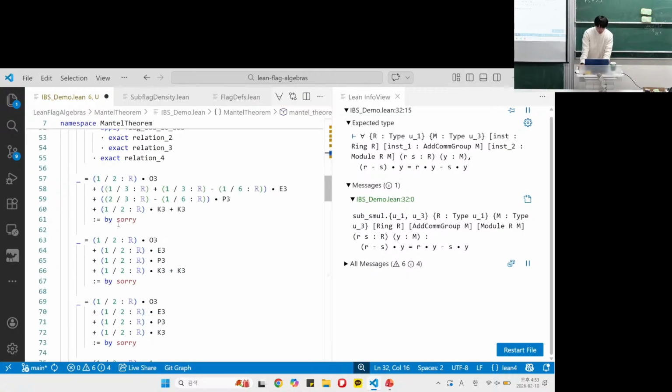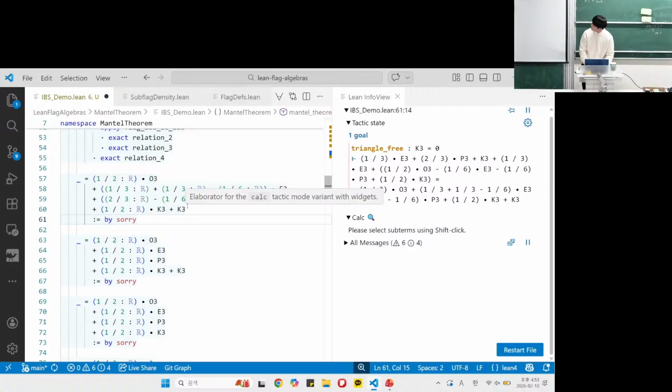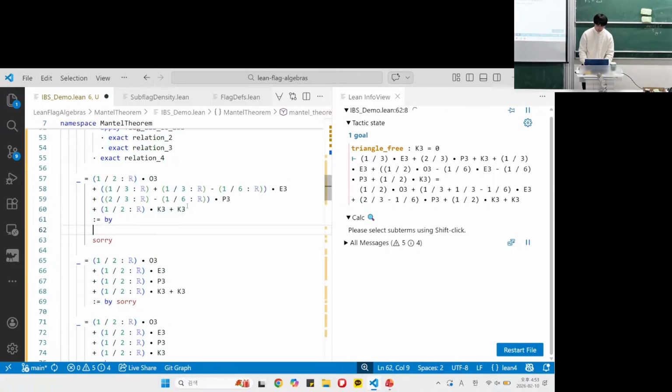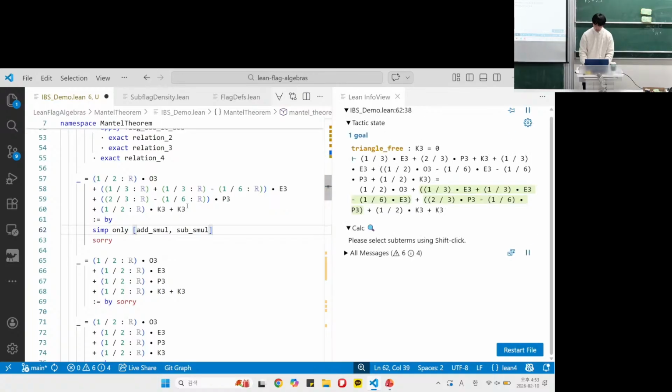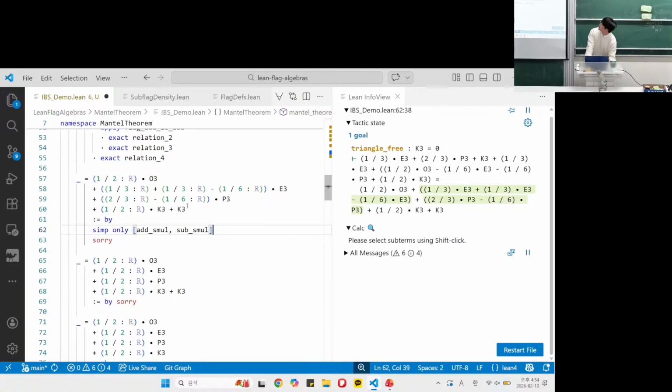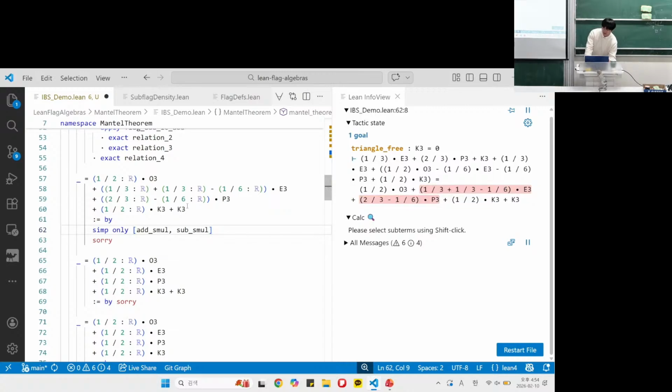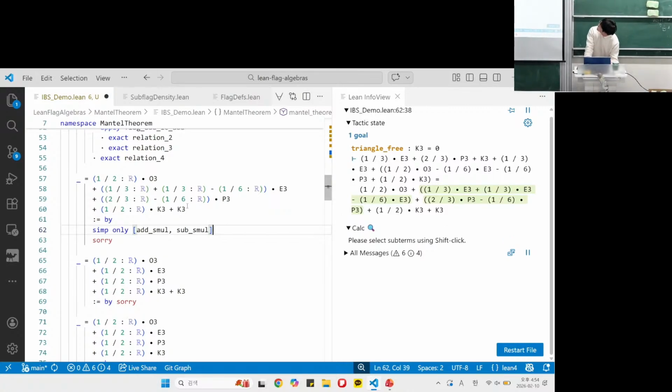So let's use simp again, add_smul, sub_smul. Then you can see the coefficients are distributed using this line of command.